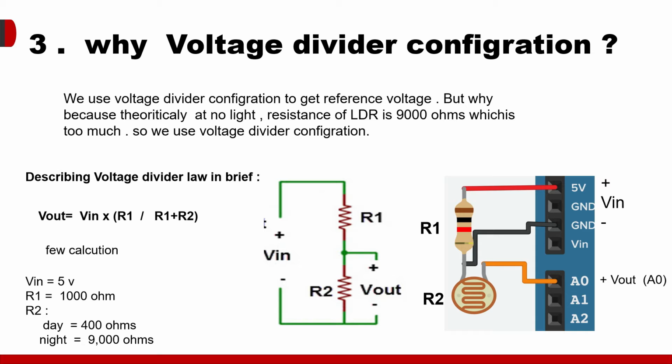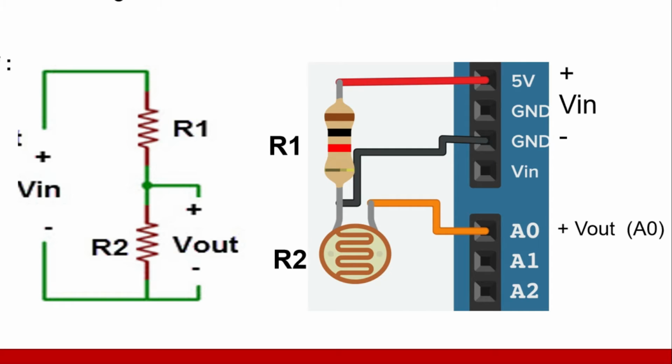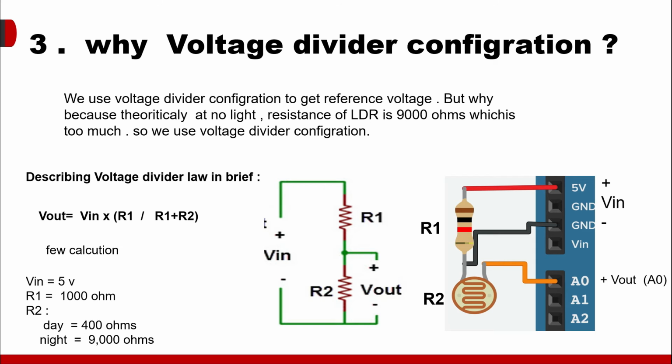In the diagram you can see that R1 and R2 are in series and we are finding voltage drop across R2. Now this circuit is similar to our Arduino circuit for LDR. Here V in is 5V, R1 is 1 kilo ohm and LDR is R2. A0 pin is getting the value of V out. So this way our circuit is similar to this theoretical circuit.